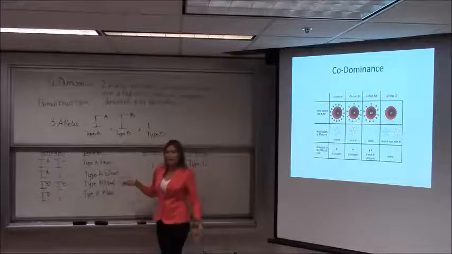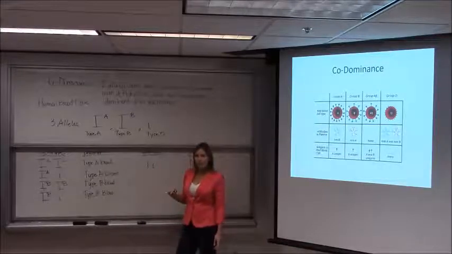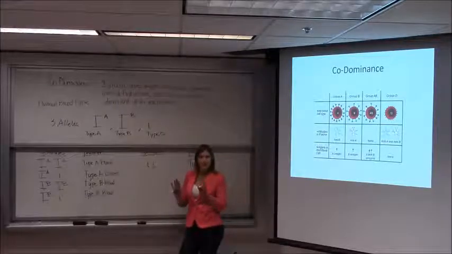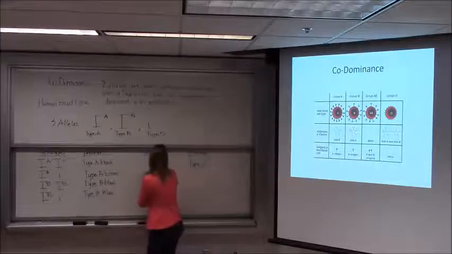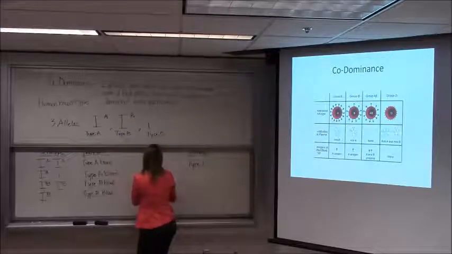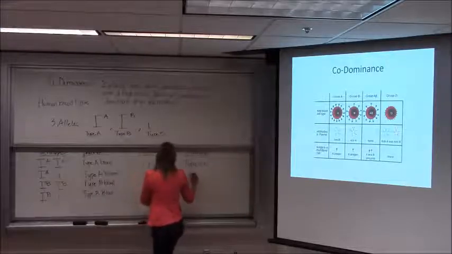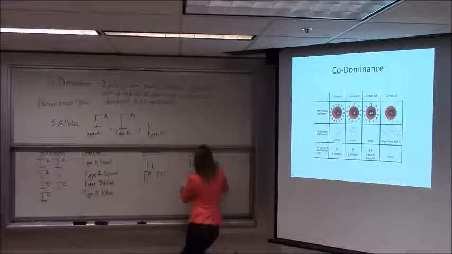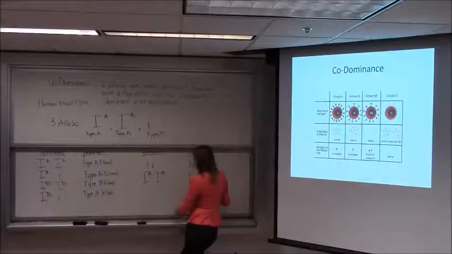What happens if you get an A and a B? Who's dominant? Neither. They are both expressed. So if you got an A allele from one parent and a B allele from the other, you have type AB blood. Both are expressed. Why?